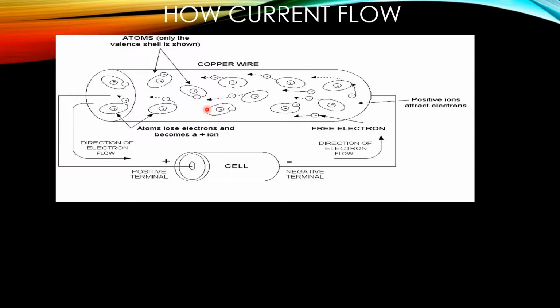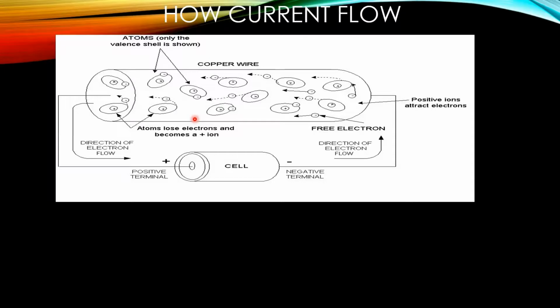If the number of electrons flowing in one direction is equal to the number of electrons flowing in the opposite direction, in that case, net flow of charges becomes 0. And net flow of charges 0 means charges are not flowing, and if charges are not flowing, current is not flowing.